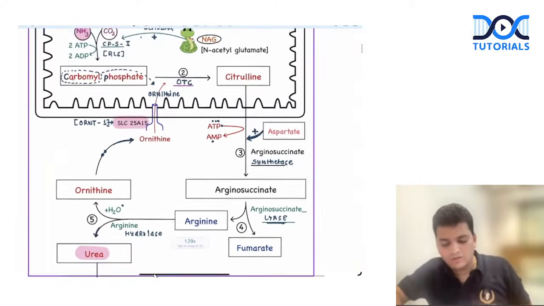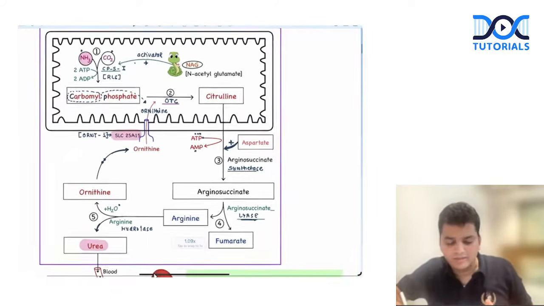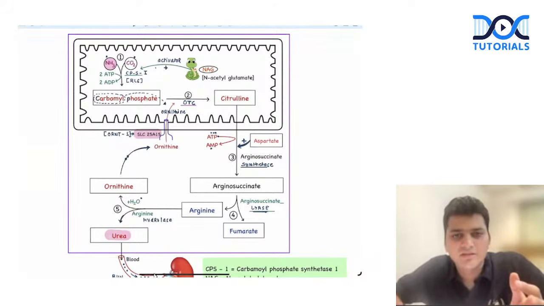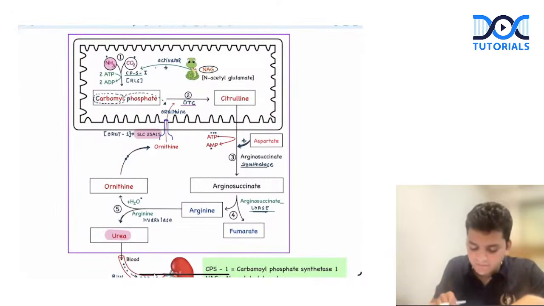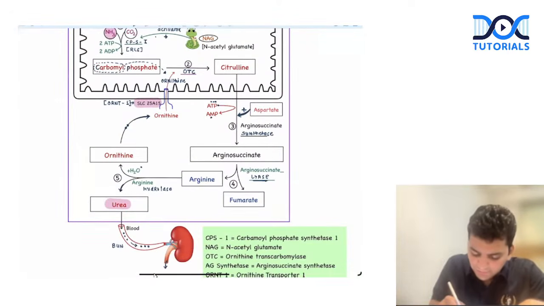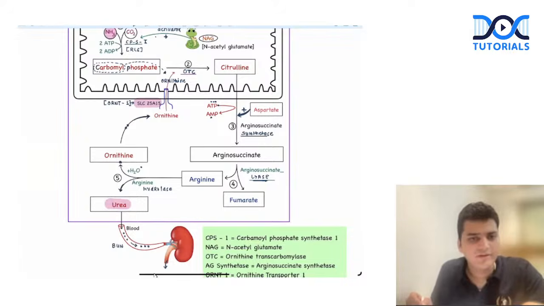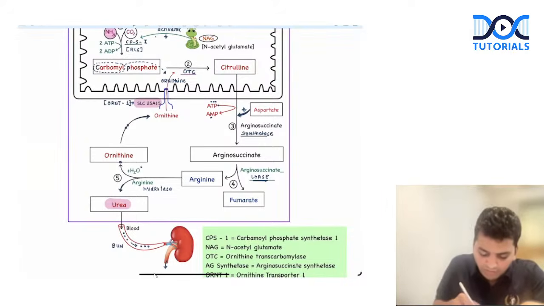So this is how the entire urea cycle looks. There are a total of 5 reactions, 2 reactions in the mitochondria, 3 reactions in the cytoplasm. One more catch point is that the ornithine which is produced here is consumed, that is very good. But in our body, we have some other sources of ornithine also, which are going to be consumed here.